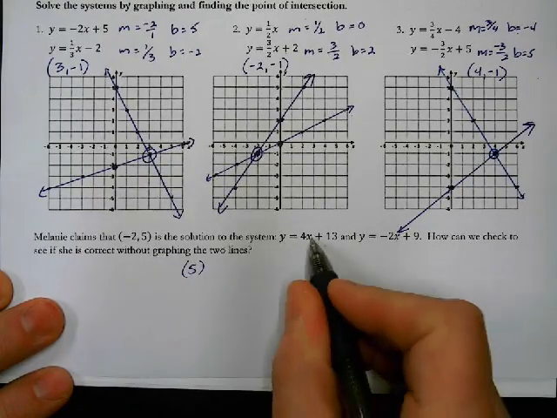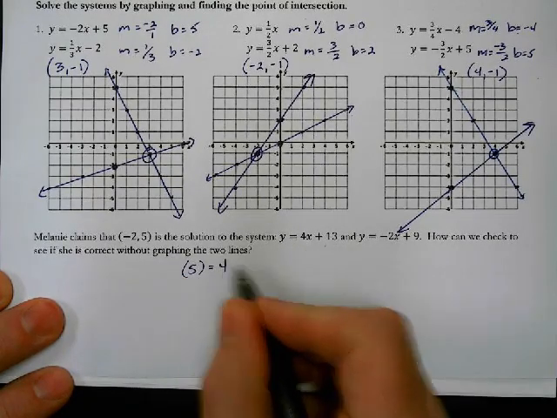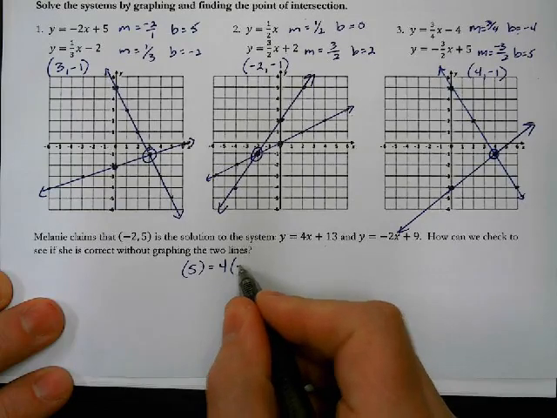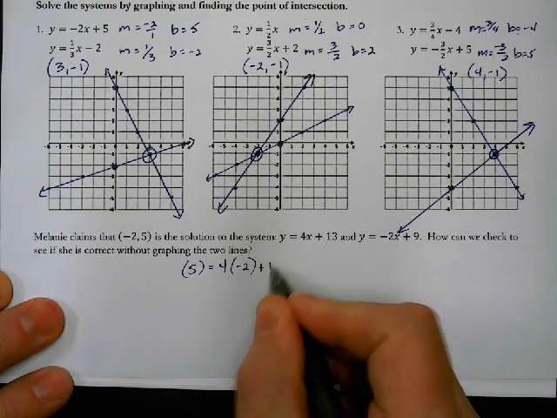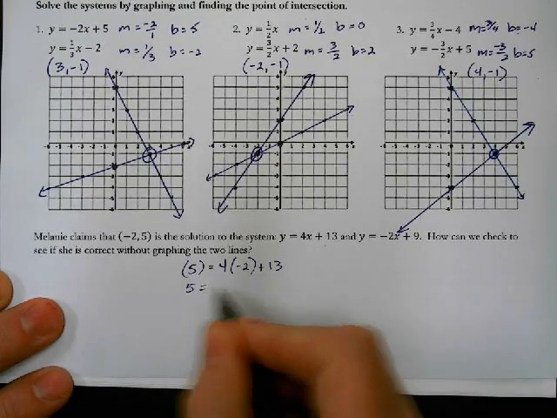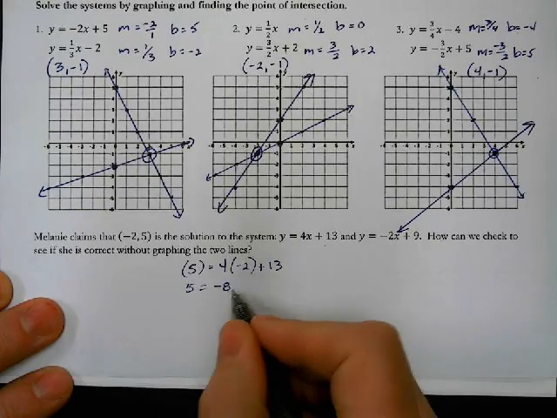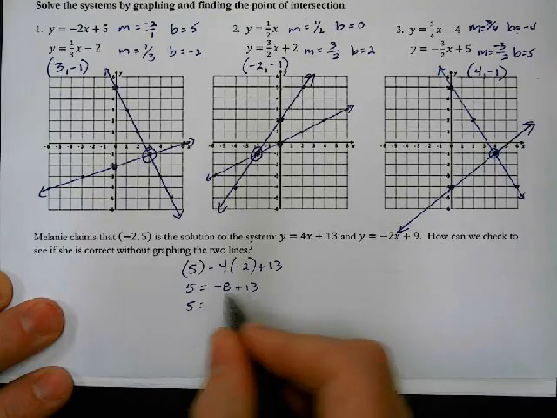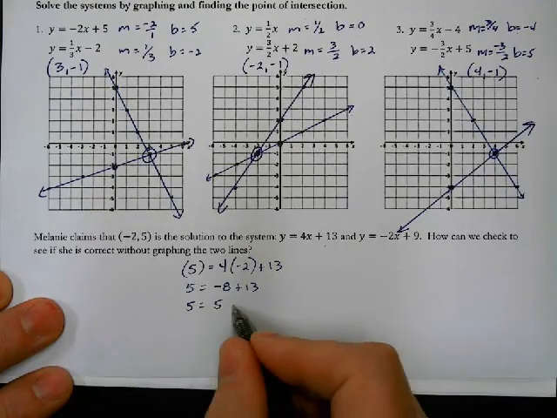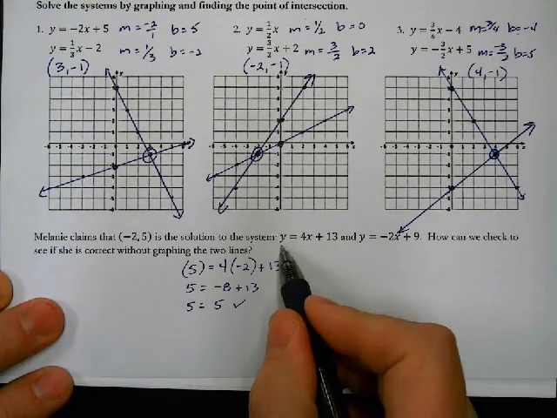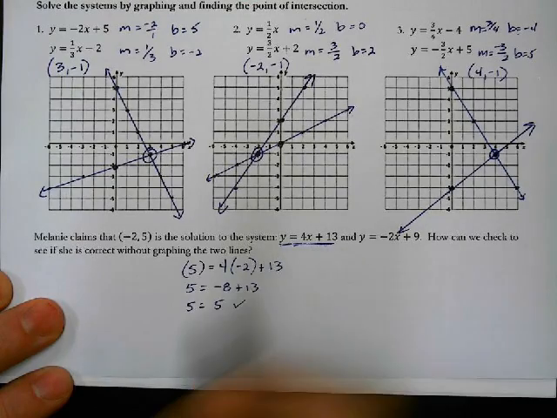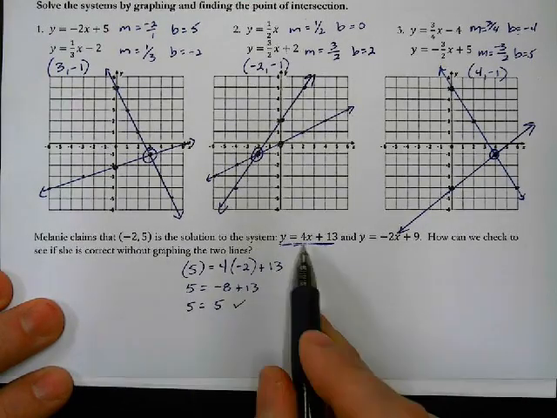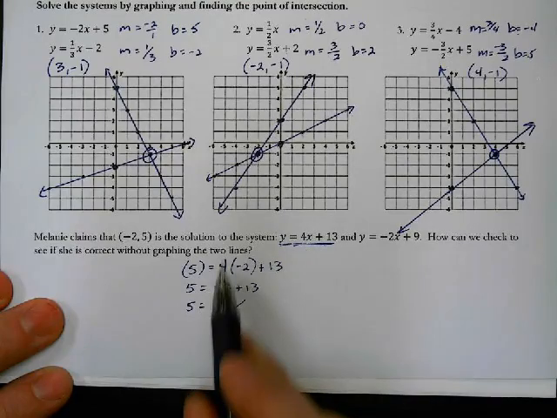Testing the first equation, I get 5 equals -8 plus 13, and -8 plus 13 is 5. So this is a solution for this equation. This point is on this line.